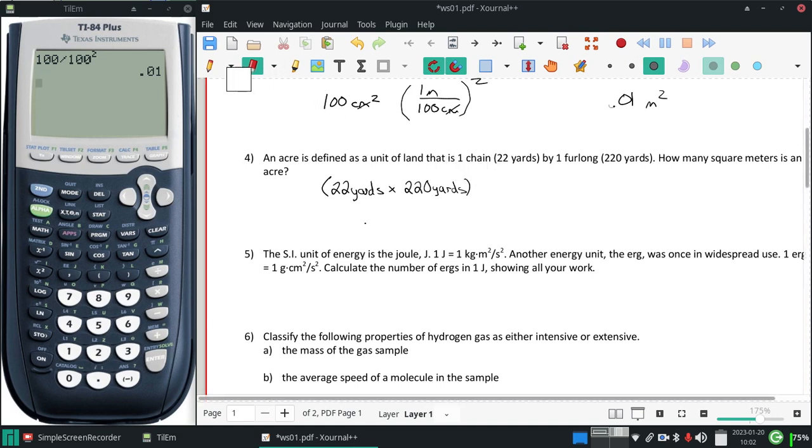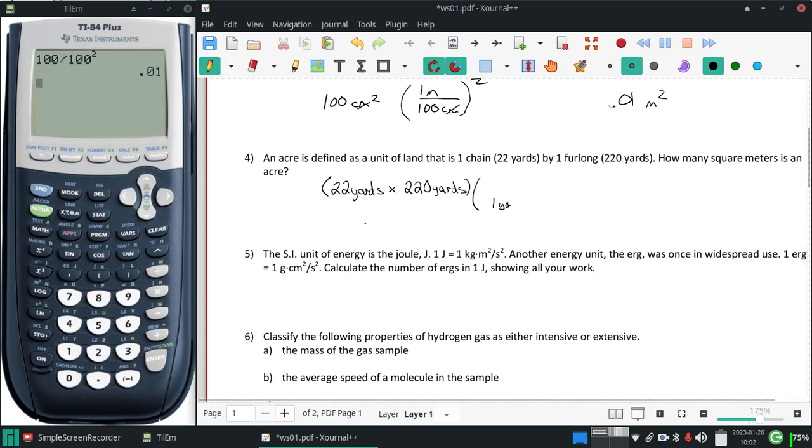Since I need to go to metric, I want to go all the way down to inches anyway, and I happen to remember that 1 yard is 36 inches. Now I'll just save that calculation time. The reason I did that is because the conversion from English to metric that I remember is that 1 inch is 2.54 centimeters, and I wanted to use that one, so I knew I needed to go to inches.